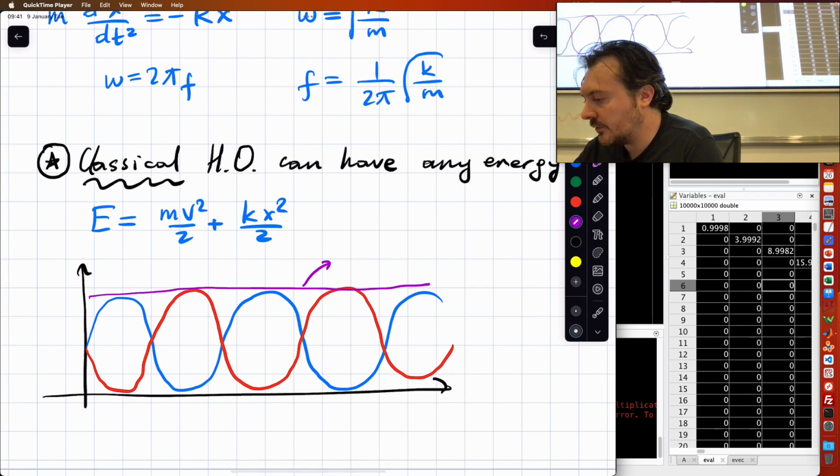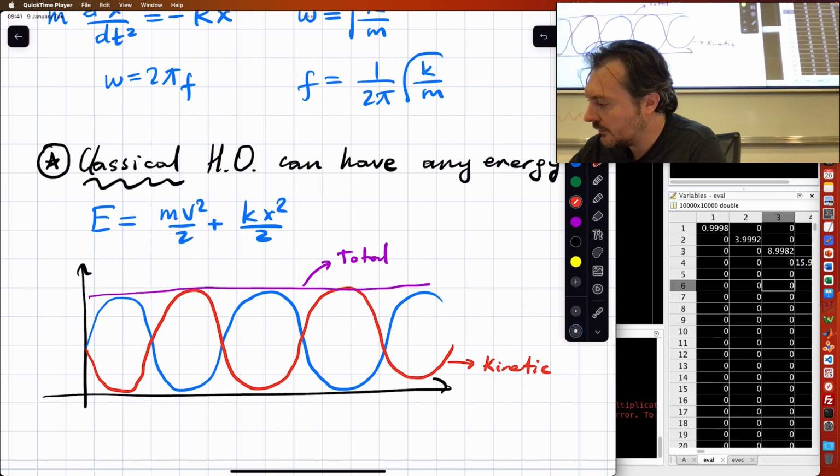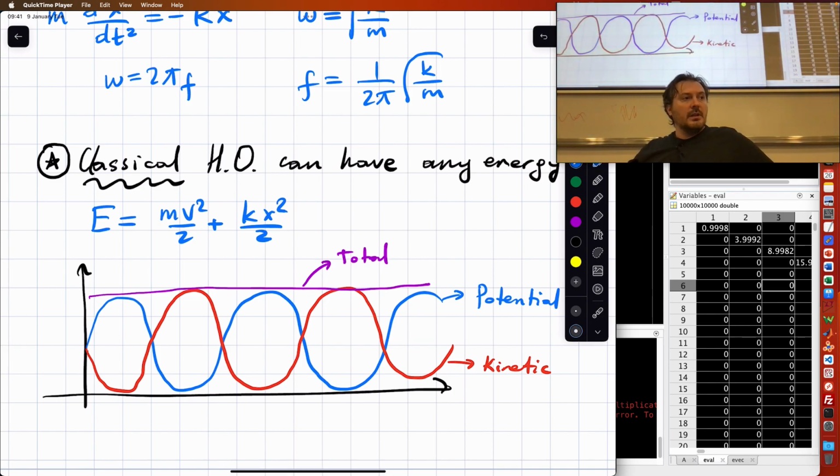So this is the total. This could be kinetic. And this is the potential. Do you remember this stuff? Yes? So it goes back and forth, and it can have any energy.